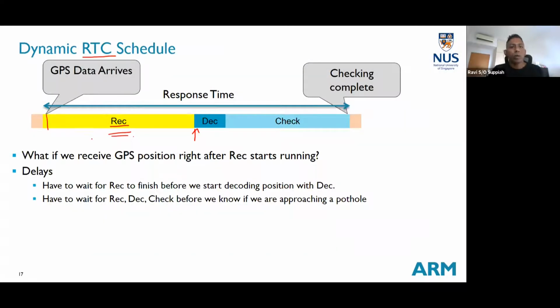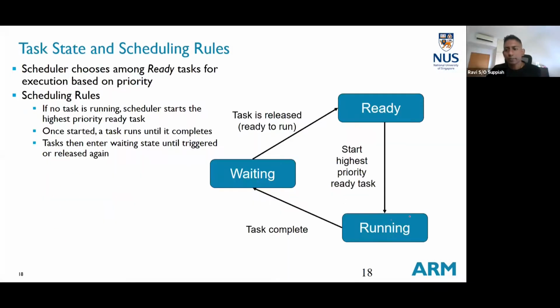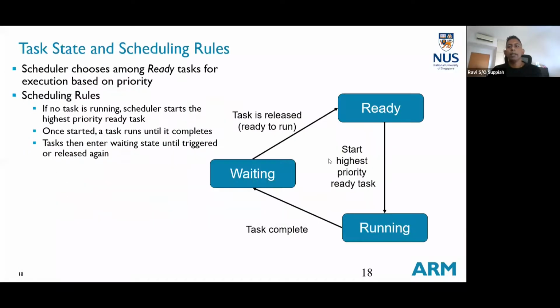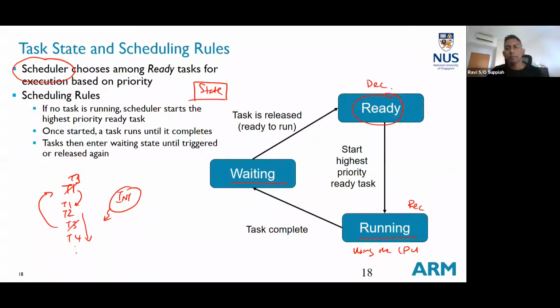when one task is running, in this case record is running, and then the GPS data arrives, what happens? The decode task will be put here. The decode task will automatically be put over here to say that that is the next task that is going to run the moment the record function completes.